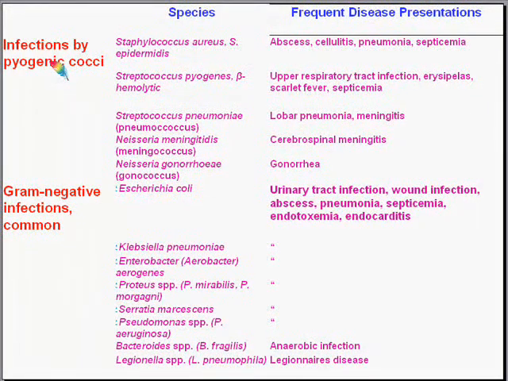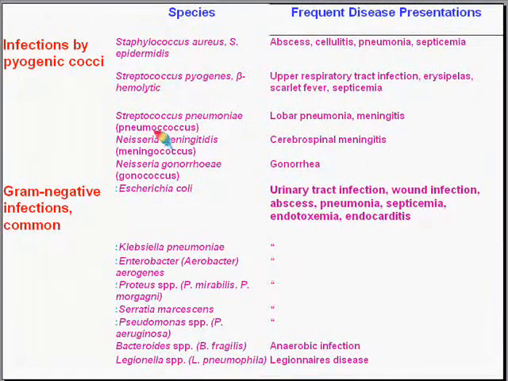put into these categories. By far, the single most common category are the so-called pyogenic cocci. Even gram-negative bacteria can evoke a purulent reaction, but the cocci, whether they're gram-positive or gram-negative, almost always cause a significant amount of pus in the immune response in the body.